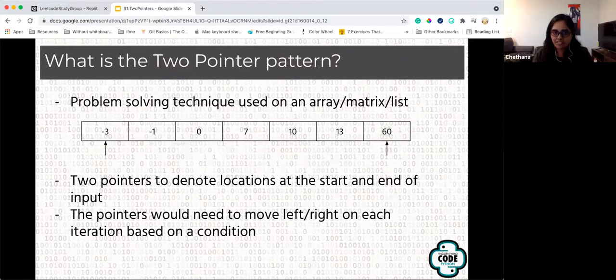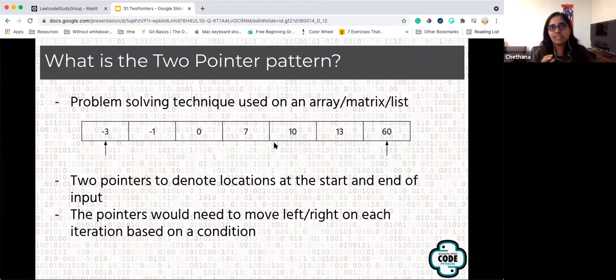What is the two-pointer approach? Like I mentioned before, all of these patterns are problem-solving techniques. The two-pointer approach is a problem-solving technique used on any array, matrix, or list. When I say list, I even mean sometimes linked lists. And when I say arrays, in terms of Python, they're lists.